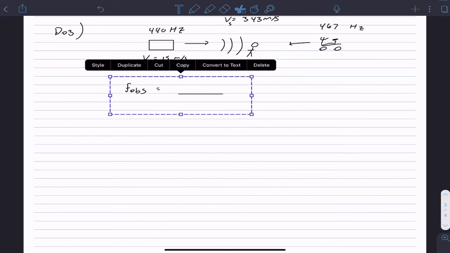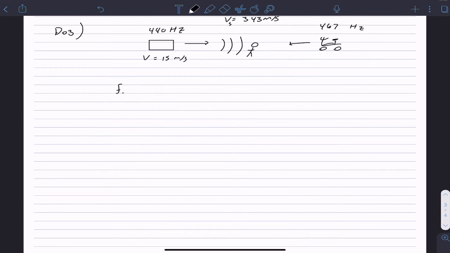The standard Doppler equation, the Doppler shift equation, is frequency of the observer is speed of sound plus minus speed of the observer, right? So if our observer is moving at 0, if this guy is not moving, then this is just going to be 0, over the speed of sound minus plus speed of the source times the frequency of the source.